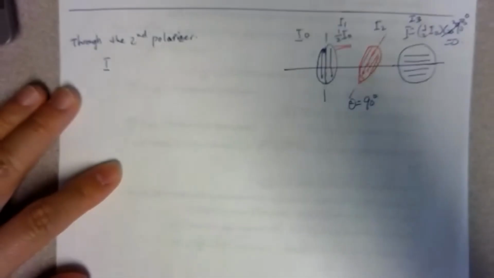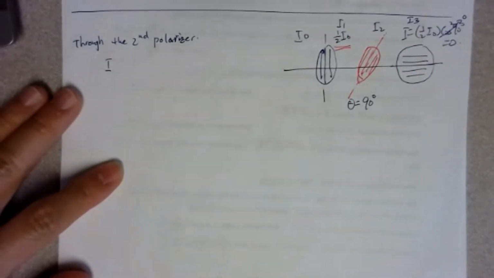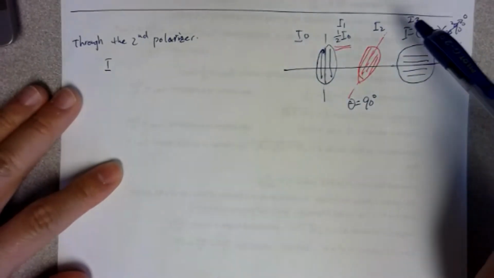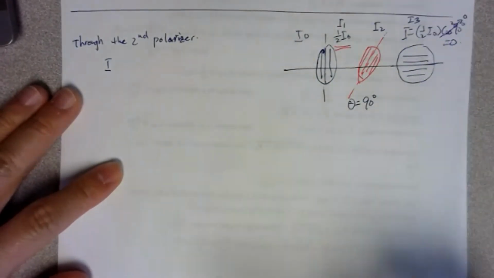Okay, so after the first polarizer is I1, initially it is I naught. The second one is I2, and the third one is I3.